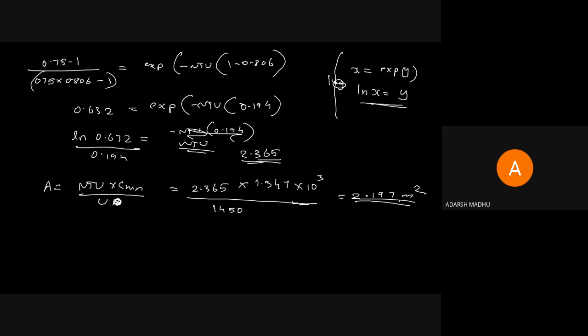For the graph, to find NTU you must know the effectiveness and R. If you want to find the effectiveness using the graph, you must know R and NTU. So be familiar with the graph, with this equation, and with the NTU method. We can do more problems later in the class. So we can conclude now.